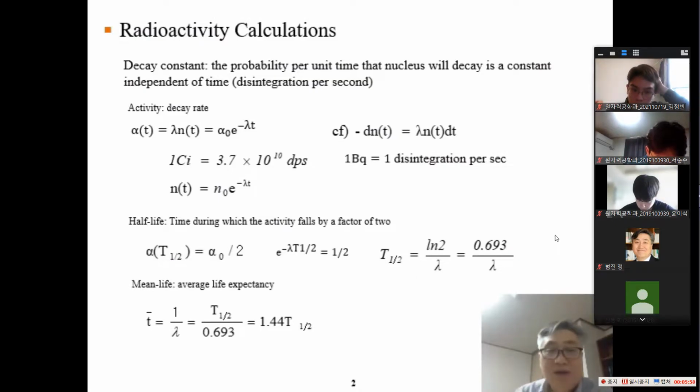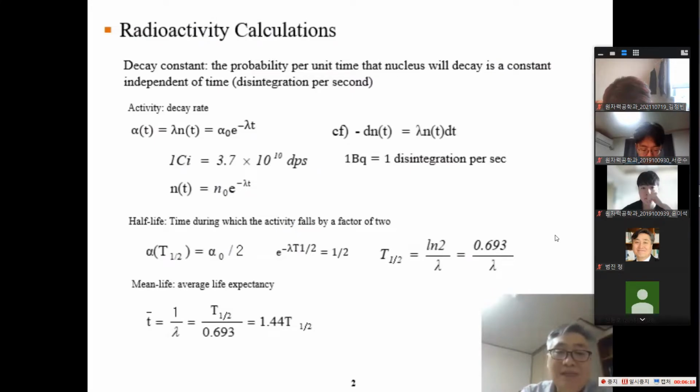So from the above equation for alpha, when we divide both sides by lambda, we can get N(t) equals N0 exponential minus lambda t, right?